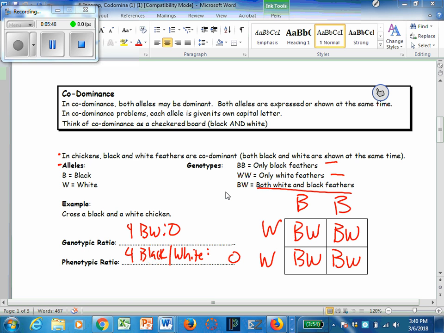So just a little bit different. One way to always check yourself is that the genotypic ratios and phenotypic ratios are always going to be the same. Always. So if they're not, then you've done something wrong. But now that you've been given an explanation for what these 2 exceptions are, go ahead and pause this and answer the rest of the questions on the worksheet.